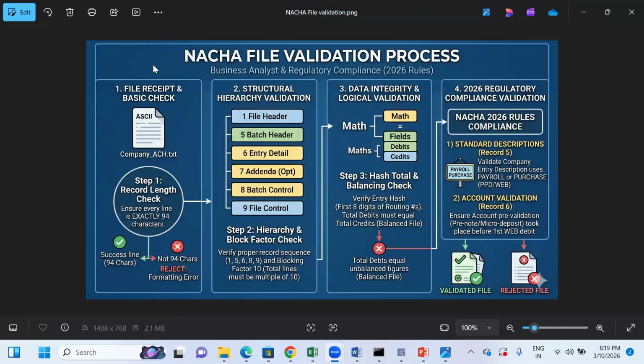Next, character sets. Only specific alphanumeric characters must be allowed.